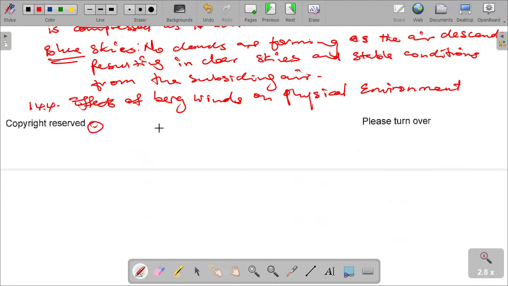One, they dry out the soil and remove the soil moisture.